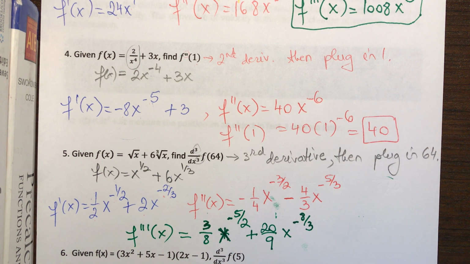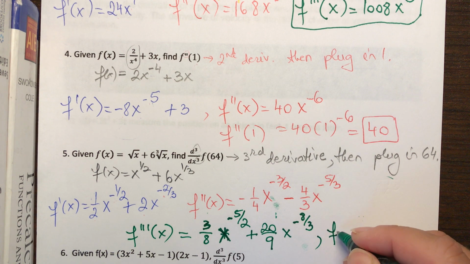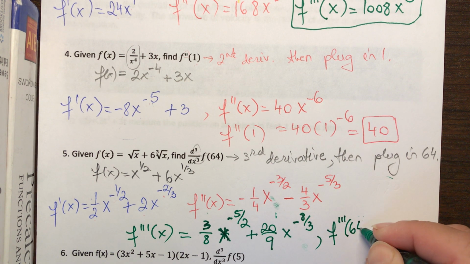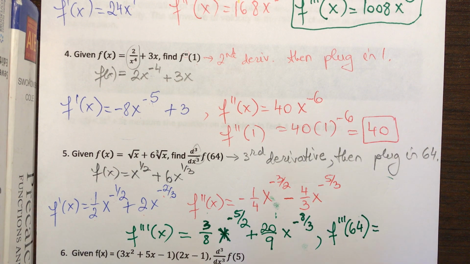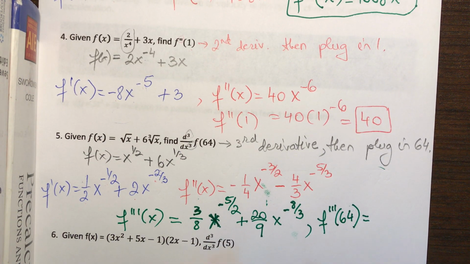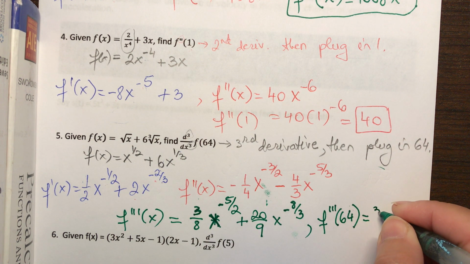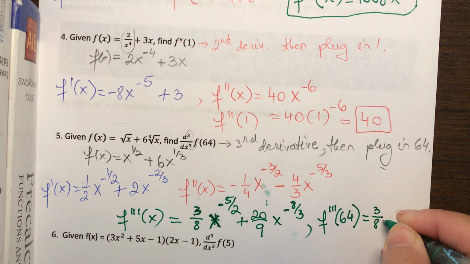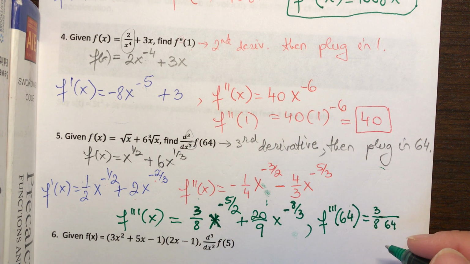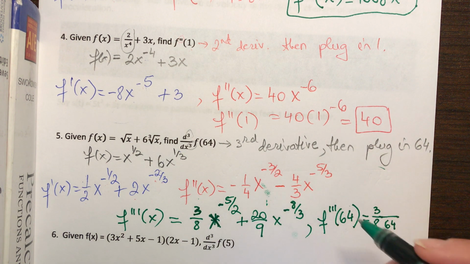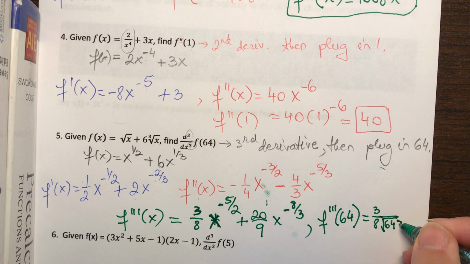Okay, so now finally I have to plug in 64 into this, and you're welcome to again put it in your calculator. Again, a negative 5/2 exponent really means that you take this 64 and put it on the bottom because of the negative exponent. The half means it's a square root, and then to the power of 5.